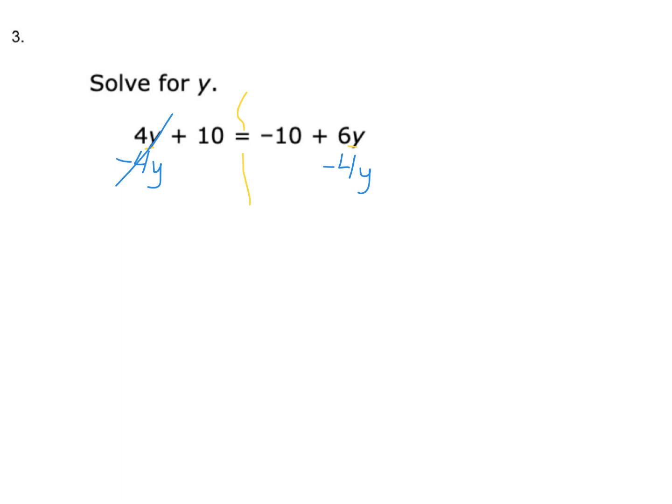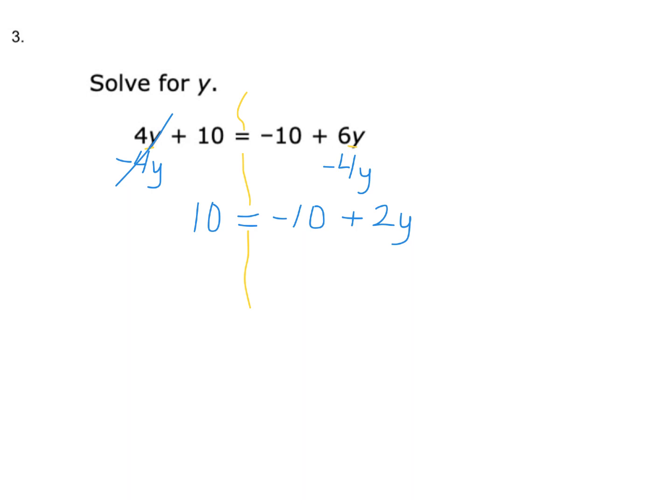On the left side, then, I'm left with 10. And on the right side, I have negative 10, and then 6y minus 4y is a positive 2y. So I'm going to rewrite the problem like that. Okay, moving on. Now, remember, I'm going to isolate the variable.